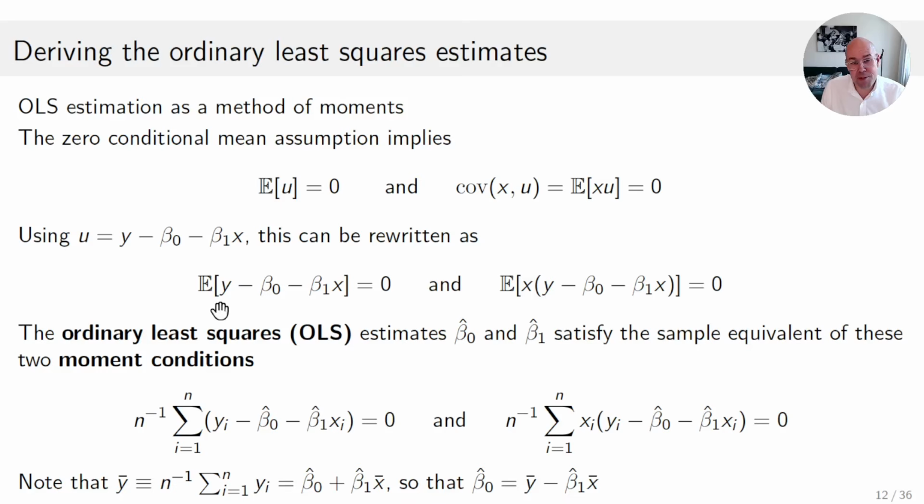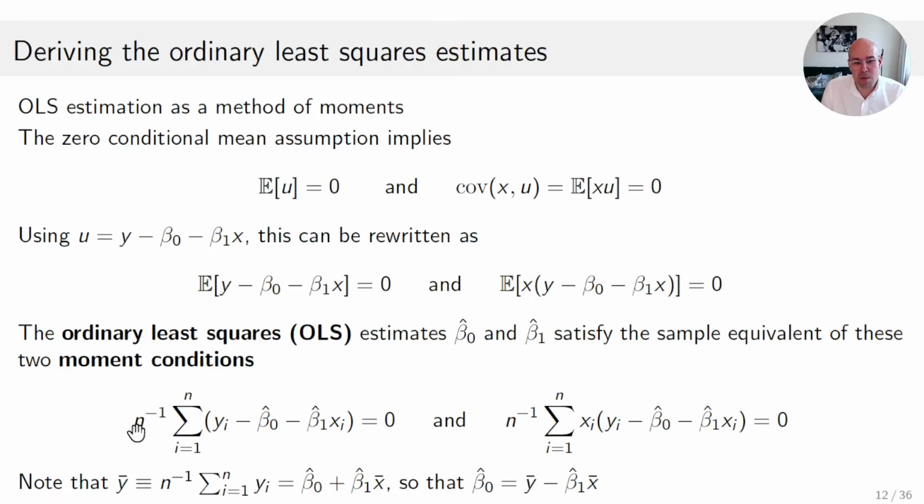So for the population, we have these expectations. This is an expectation over draws from that population relationship, and they give me an average. So instead of looking at this expectation here and this expectation here, I'm just going to look at the sample counterpart, which is the average.